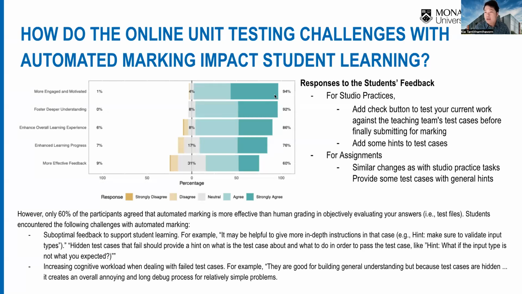However, while there are lots of pros, there are some limitations or challenges that students encountered. For example, the feedback mechanism is still not that effective. 60% of the students found that automated marking is still better than human grading. It is consistent and prompt, but the feedback still needs some improvement to support student learning.